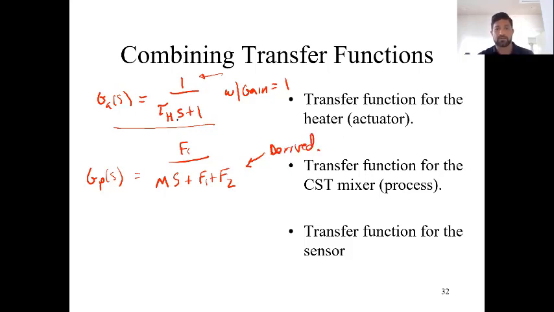We know this for the actuator because it's standard form, and now we're told that the transfer function for a first order sensor, because again it's a first order sensor, I know that for a first order transfer function it's gain over tau s plus 1, but I know that the gain has to be 1. So this is going to be 1 over tau s plus 1. Okay? These are the overall transfer functions for 3 different processes.